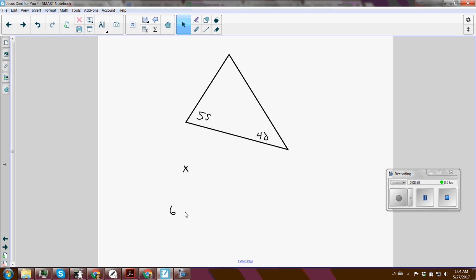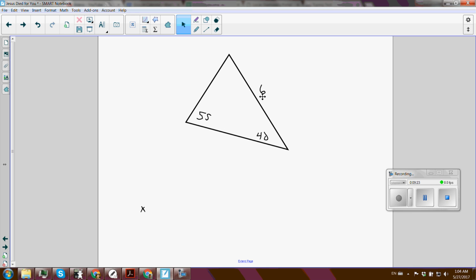You'd have to also know one other piece of information, like a side. Even though you don't have the complete ratio, remember you can complete one of the law of sines ratios by figuring out what this angle is. If you have 2 angles and one side, no matter where that side is, you use the law of sines.